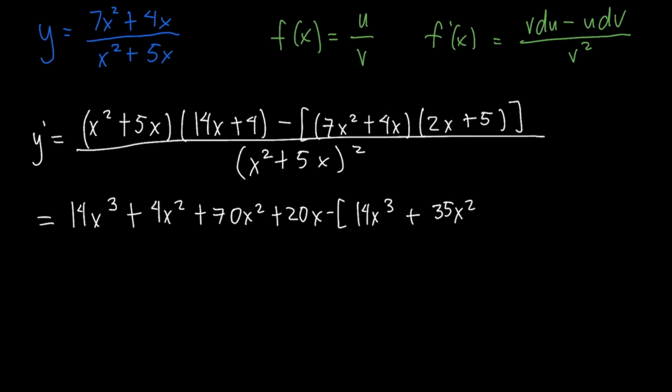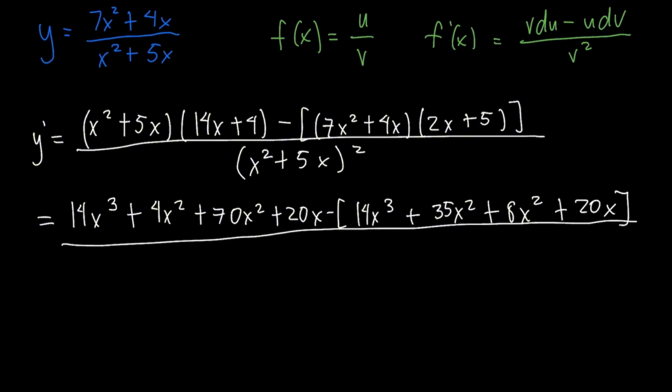Then 4x times 2x, that is 8x squared. Then 4x times 5, that is 20x. Then let's just copy the denominator, which is x squared plus 5x quantity squared.